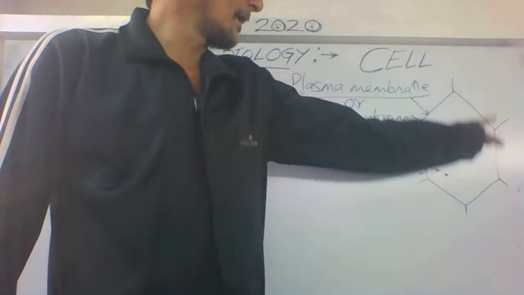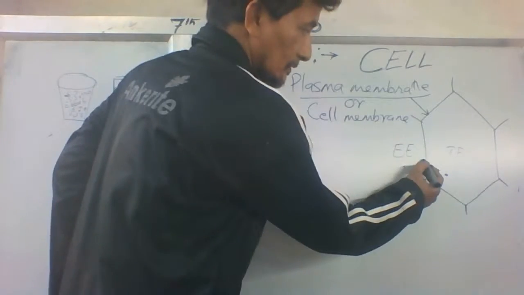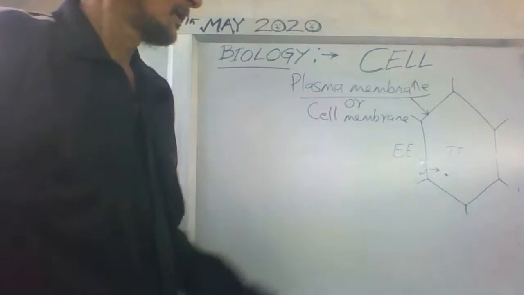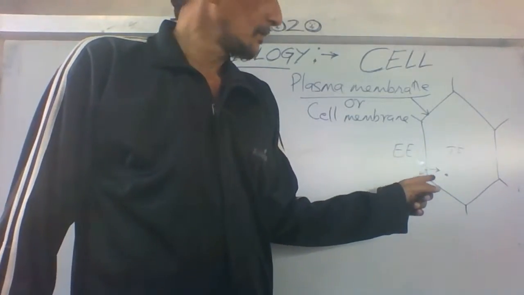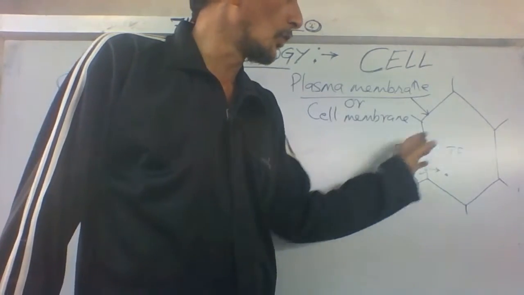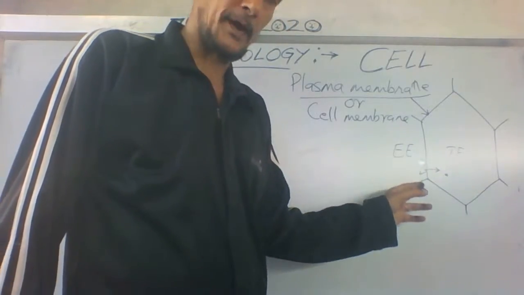But this cell membrane, or the plasma membrane, will not permit this much particle to go inside. It means it is selecting which part should go inside and which part should not go inside.